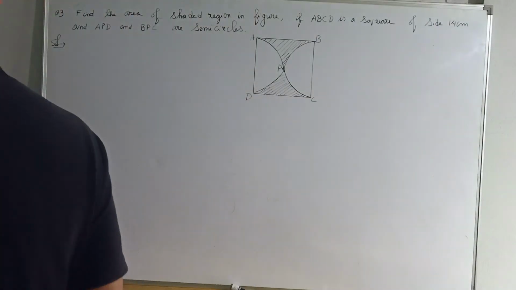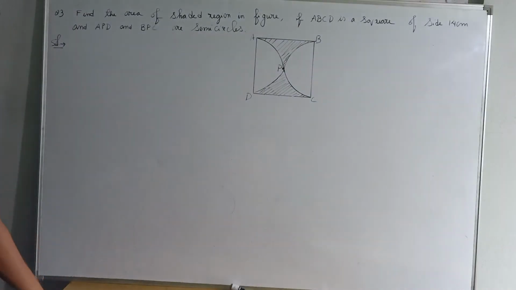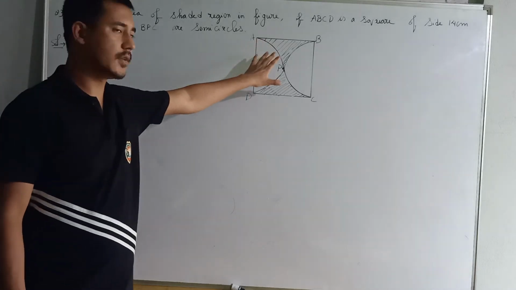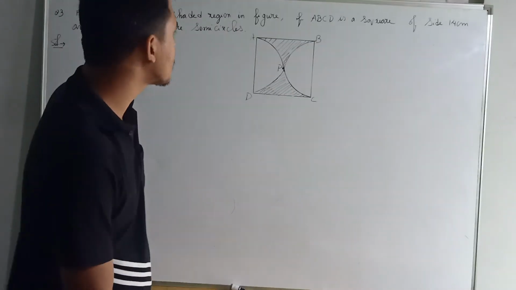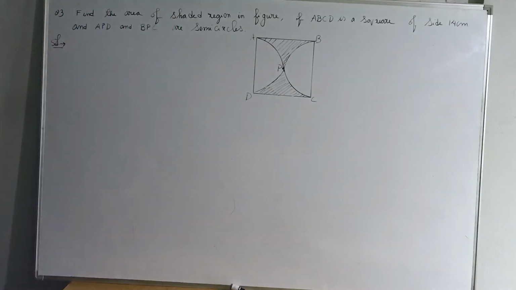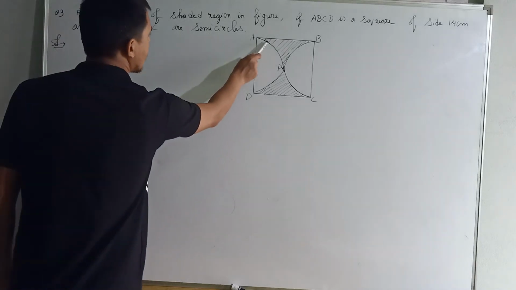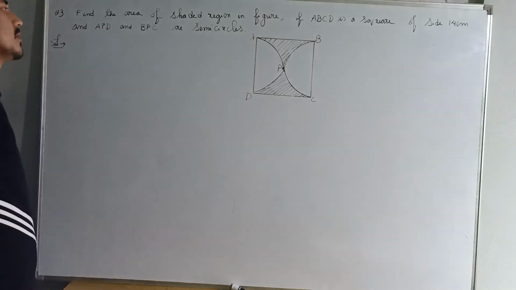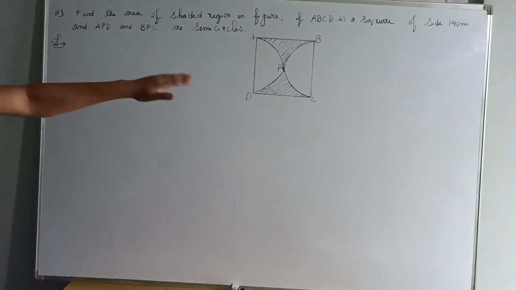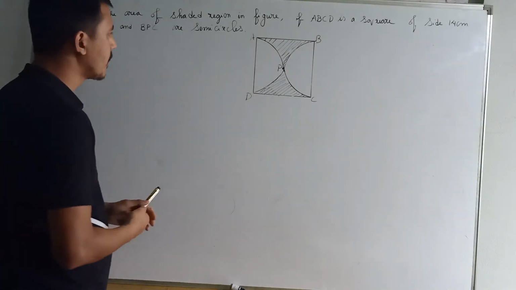Now we have question number 3. Find the area of shaded region in figure if ABCD is a square of side 14 centimeter and this APD and BPC are semicircles, two equal semicircles.